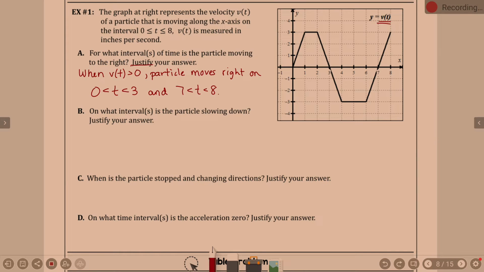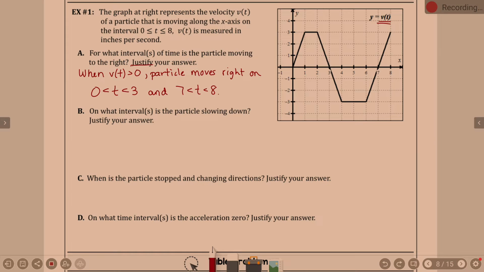Okay. B? I feel like it's been an eon since we've talked about this stuff. I know you guys talk about it all the time in physics, but I feel like it's been a bit. On what interval or intervals is the particle slowing down? When does a particle slow down?